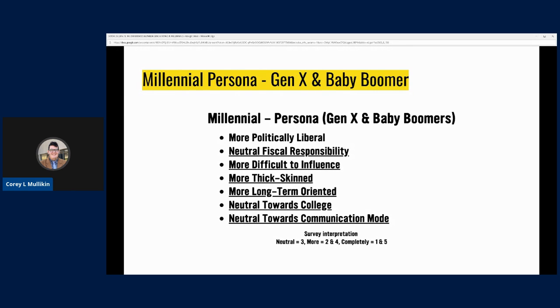Gen X and baby boomers always made jokes about millennials, whether it's avocado toast or not knowing what a book is. They just aren't meeting the expectations they set because the expectation is different now. You know, I always hear the joke about baby boomers saying that millennials don't know what books are.